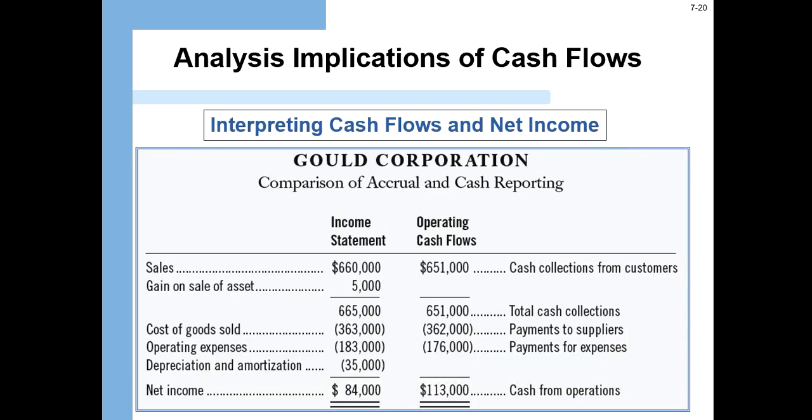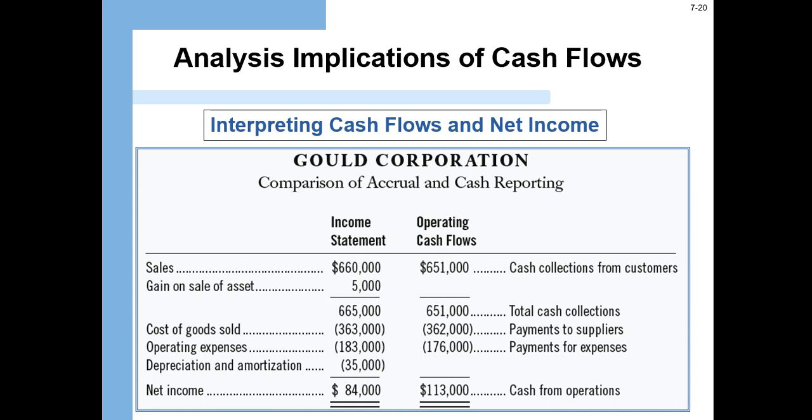Okay, so interpreting cash flow statements would be in this way. This is an example over here. The items are placed here. This is just an example. We have no prior information, but it is given. Sales will be represented in the net income or income statement in this way: sales, gains of sale of asset. But here, cash collection from customers, that's all, and it's less than this one.